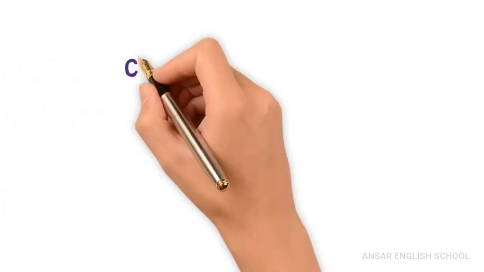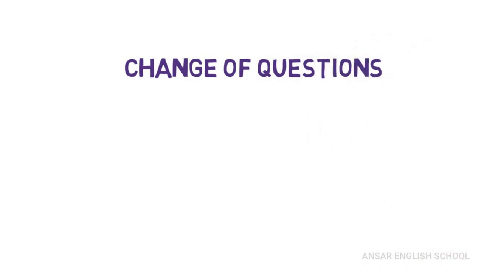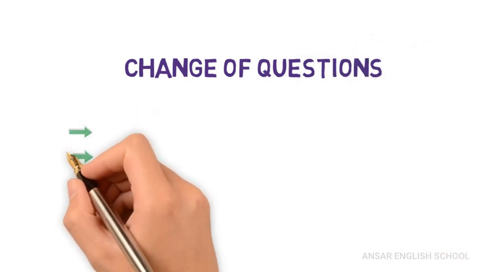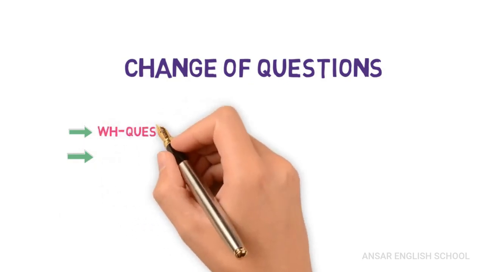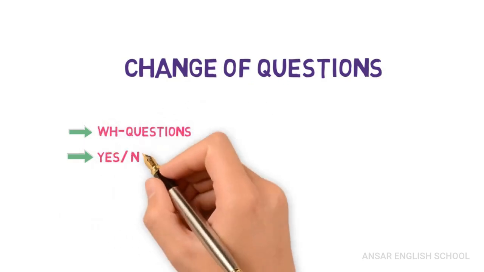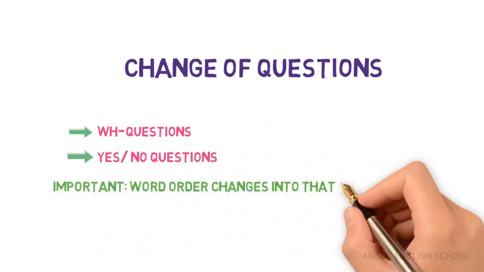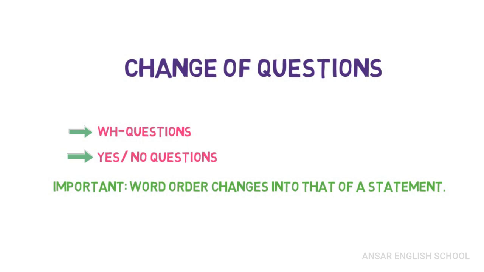Now, change of questions. As we know, there are 2 types of question, WH questions and yes or no questions. And while changing these questions into reported form, what you have to remember is the word order changes into that of a statement.